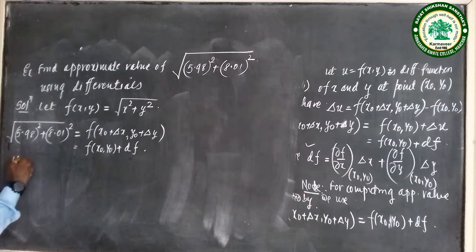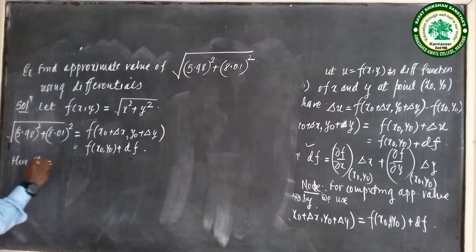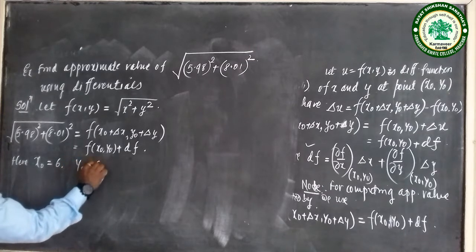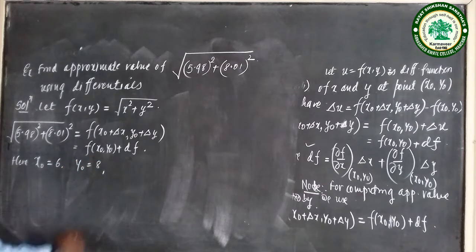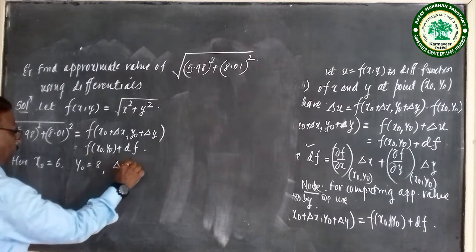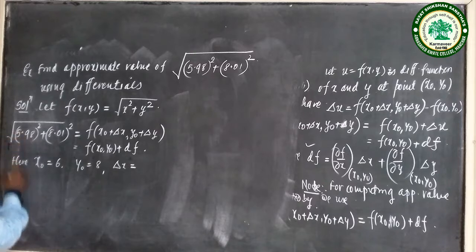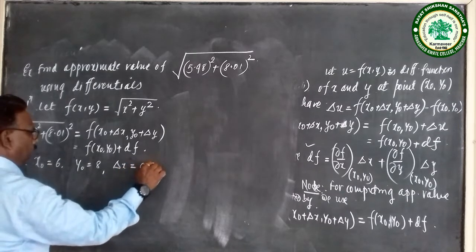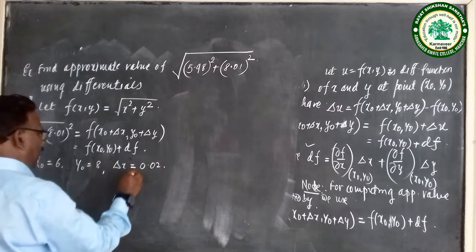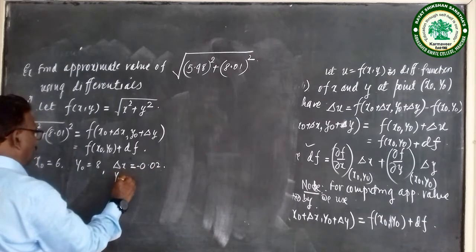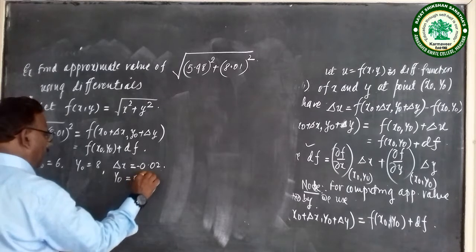This is a very important formula. According to your problem, you have to assume that x₀ is a value near this one, that will be 6, and y₀ is equal to 8. The small increment Δx, as you are considering x₀ equal to 6, will be minus 0.02, and Δy is 0.01.